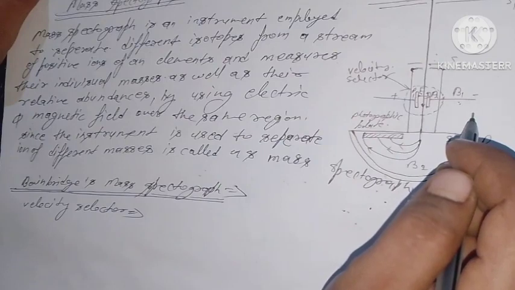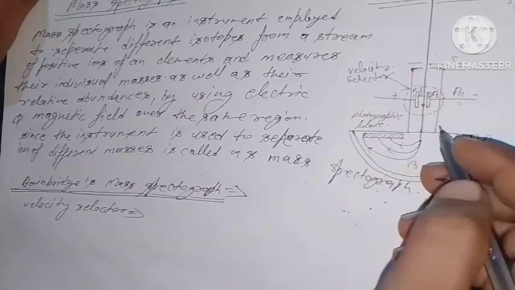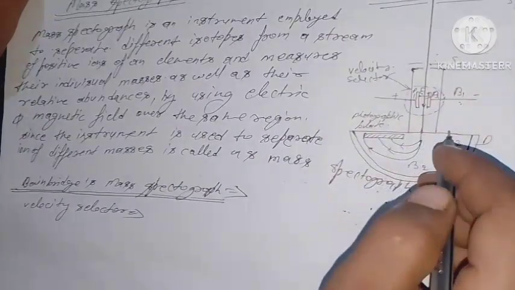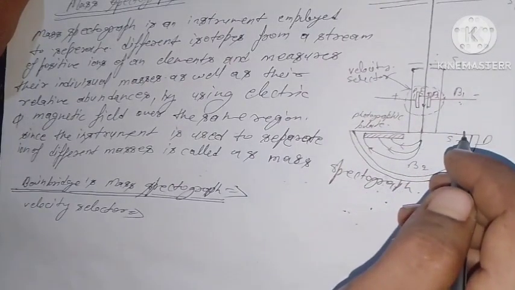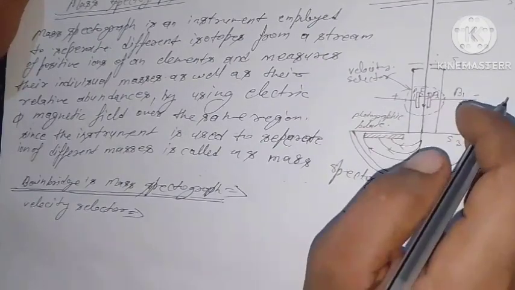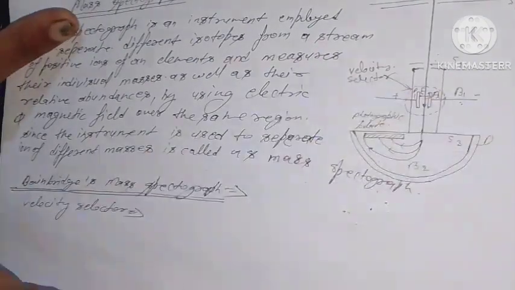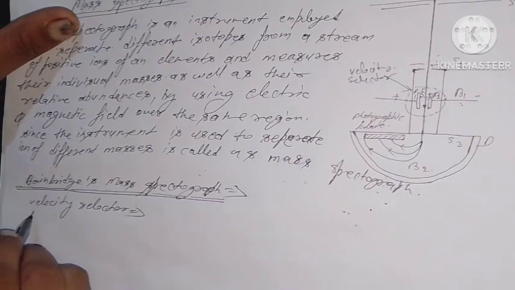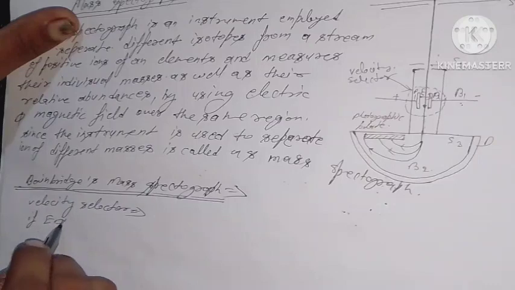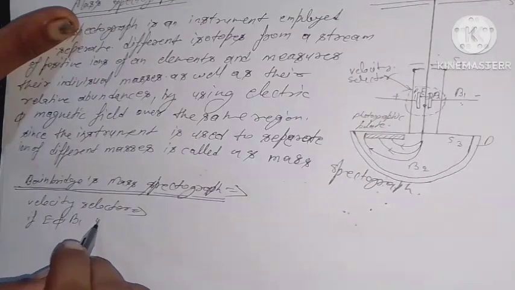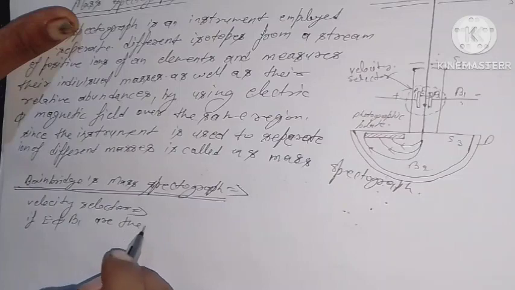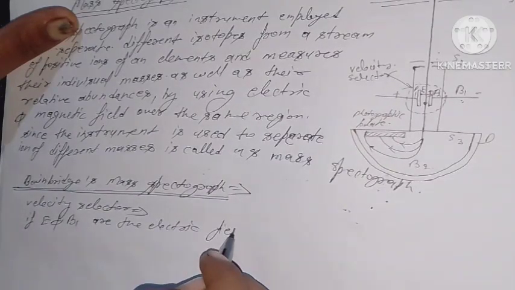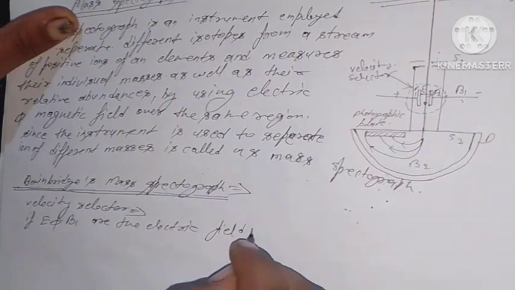In the periodic table, what is the difference? Isotopes have the same atomic number Z but different atomic mass. The isotopes of an element contain the same number of protons but different numbers of neutrons.